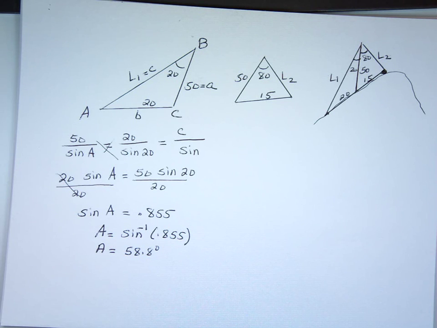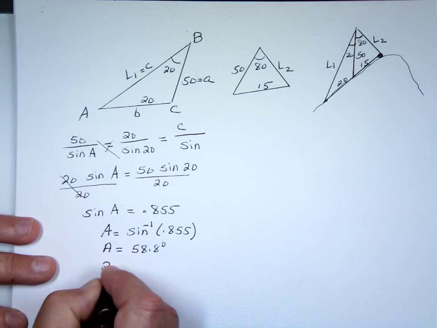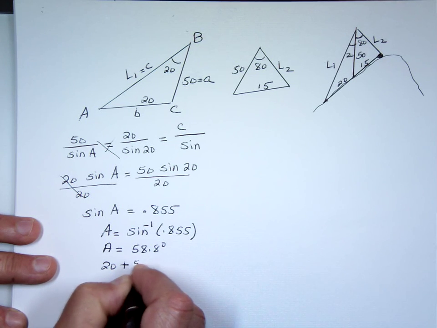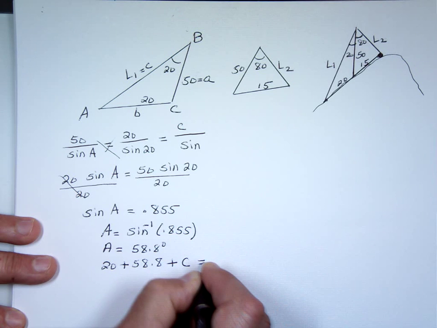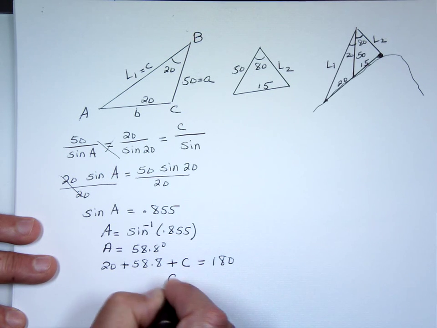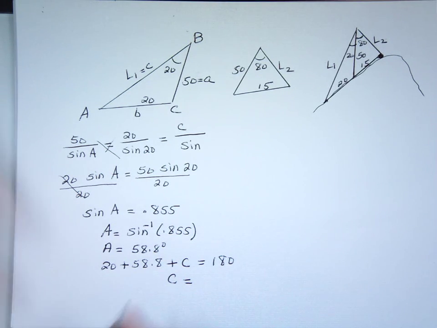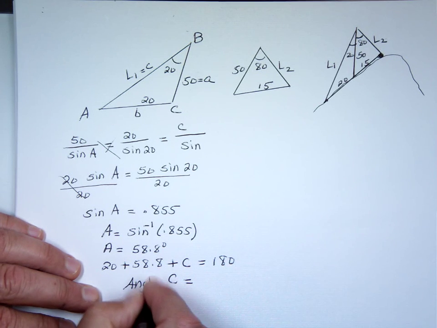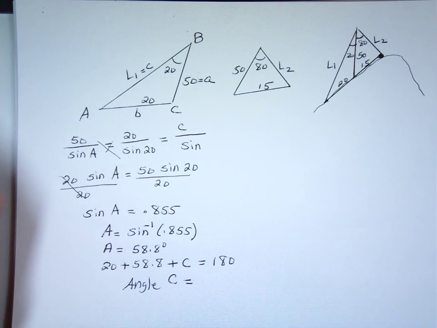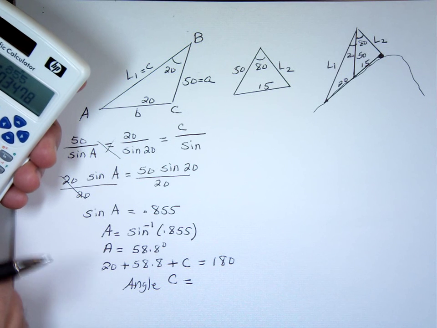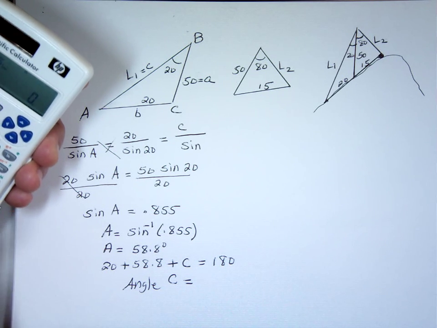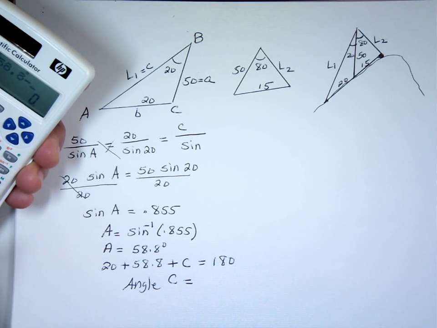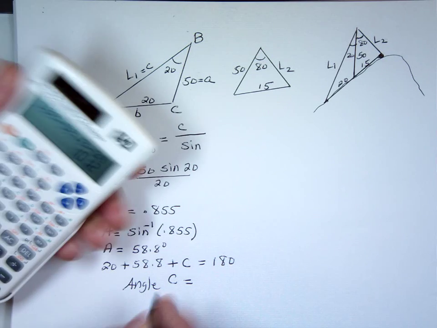Because they have to add up to what? 180? So 20 plus 58.8 plus angle C should add up to 180. So what is angle C? It should be 180 minus 58.8 minus the 20. It's 101.2.